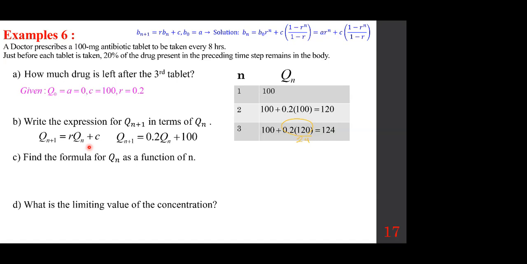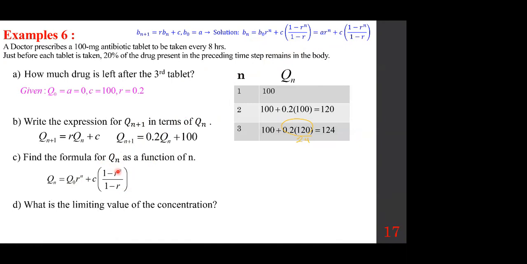Okay, we want to find the formula for Q sub n. Here's the formula. We're going to change anywhere we see B to Q. So Q sub n, instead of B sub 0, we're going to put Q sub 0, and everything else we just repeat. So again, we are changing it to Q because they are using Q. That's all.